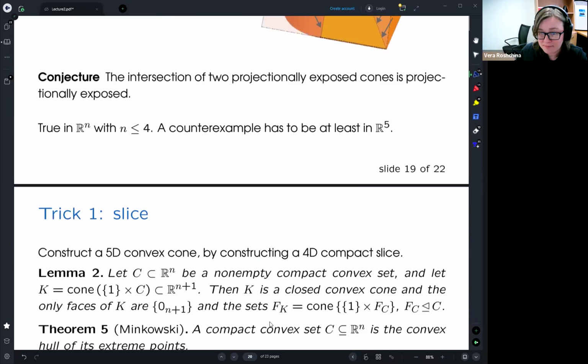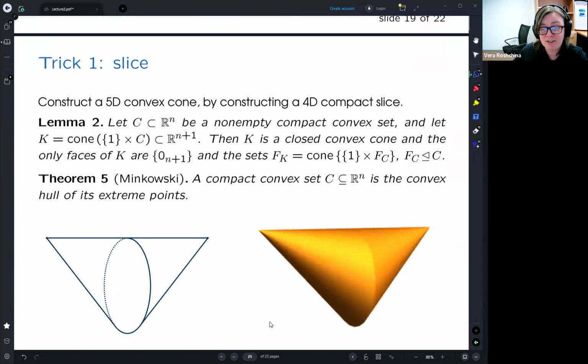The first thing that we can do when we work with cones is to take slices. If I'm careful with how I take a slice, then the facial structure of my cone will correspond exactly to the facial structure of the slice.